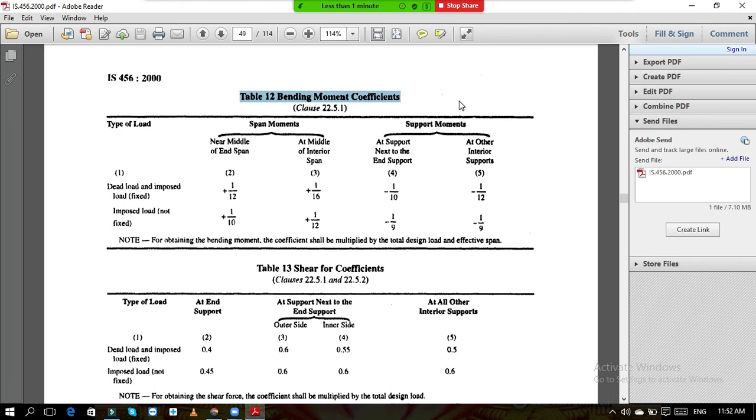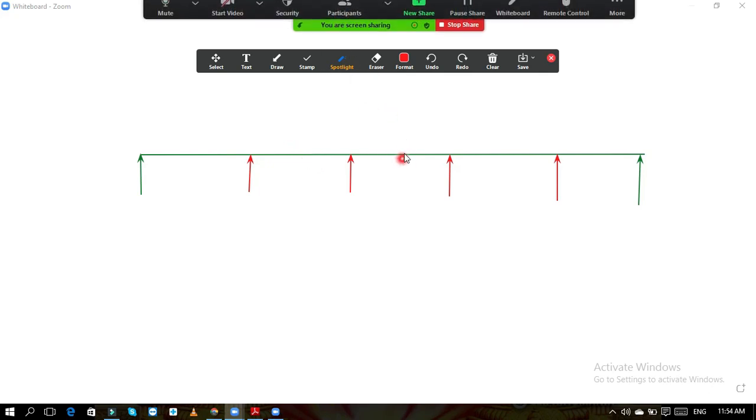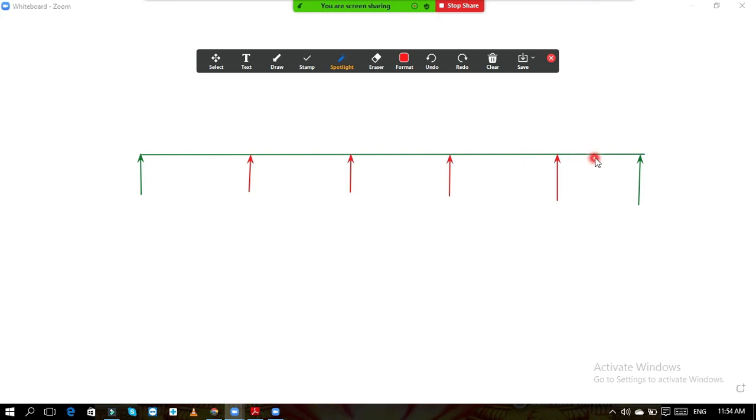Bending moment coefficients. Now see, before moving to this, I will explain how the bending moment diagram looks, so that it will be clear. This is your panel number 1, panel number 2, panel number 3, then 4 and 5. So 5 panels are there.